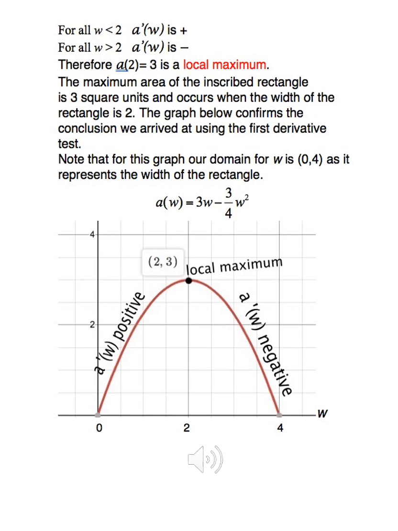Again, it's nice to graph our result, and we can see from the graph that indeed the local maximum does occur when the width is 2, and the area formula shows that this local maximum is going to be 3.